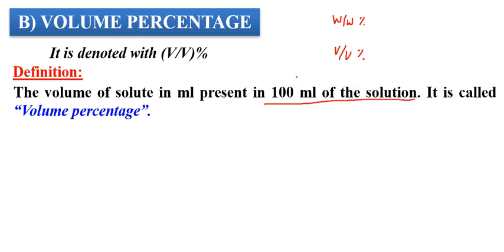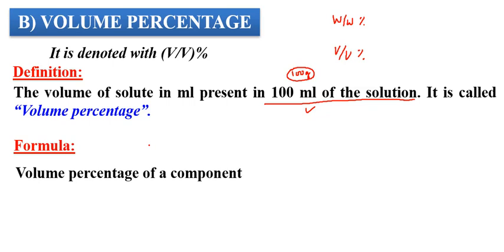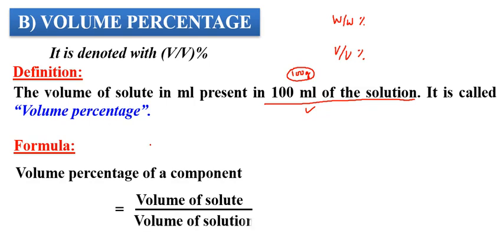In the last case that was 100 gram of solution. Now here it is volume, that's why 100 ml of solution. It is called volume percentage. The formula will be similar. Volume percentage of a component equals volume of solute by volume of solution into 100.